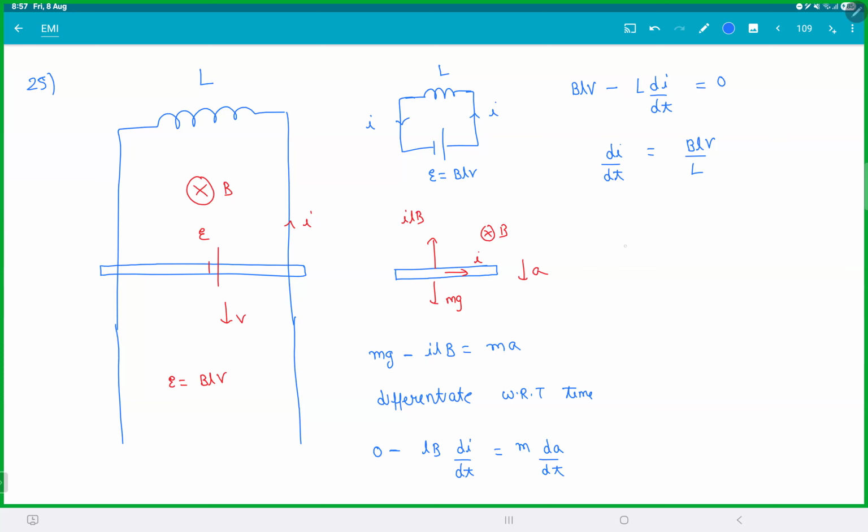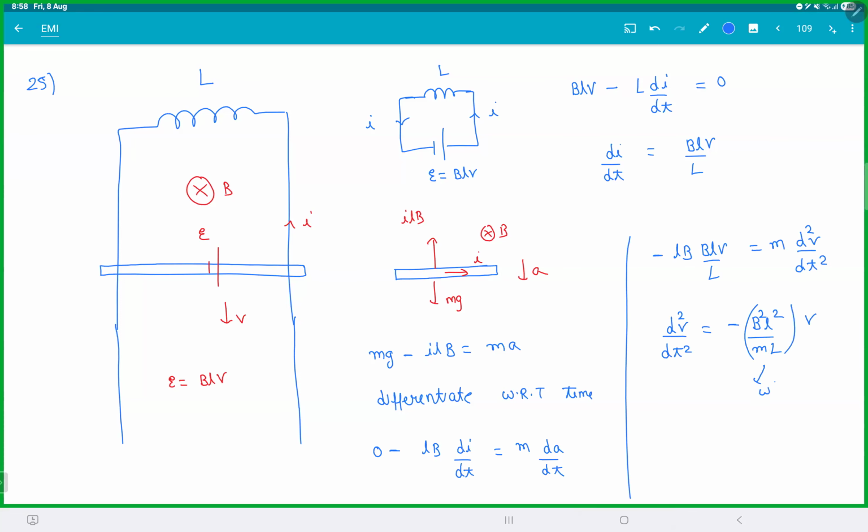Acceleration is nothing but dV by dt. This will be LB, BL, V by L. This is m into d square V by dt square. So we get d square V by dt square is equal to minus B square L square by mL into V.